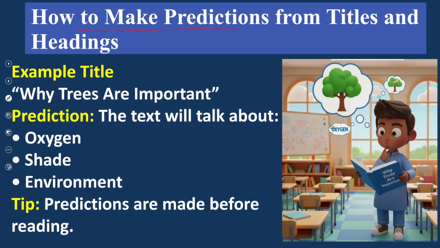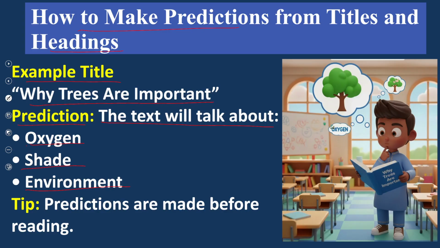How to make predictions from titles and headings, part 2. Example title: Why trees are important. This is the title. Now we are using that three-step process here with the help of an example. Look at this prediction. The text will talk about oxygen, shade, environment.